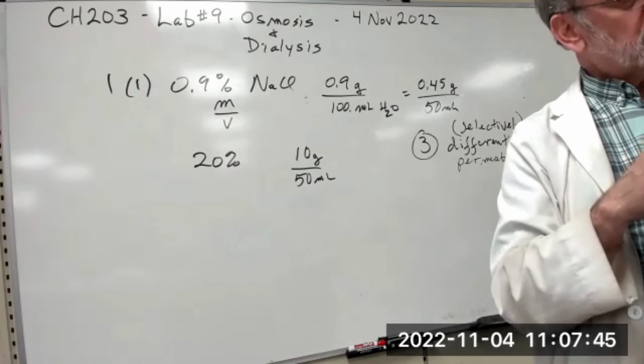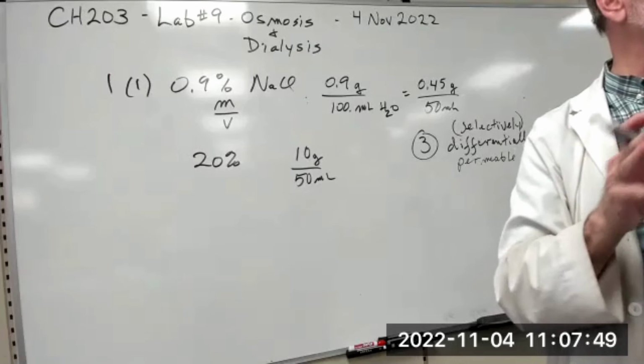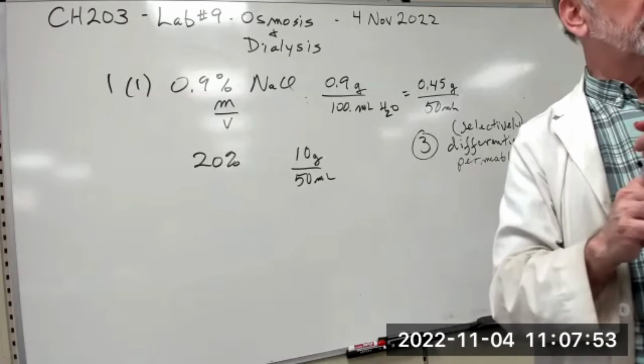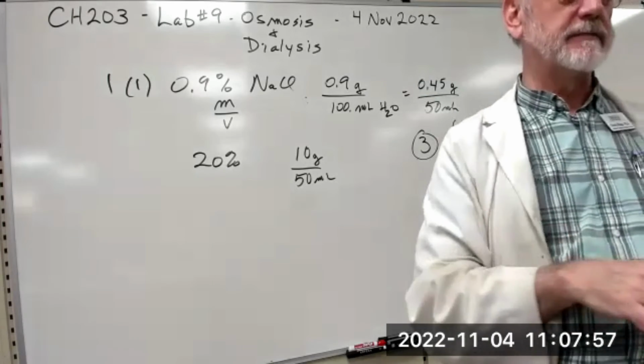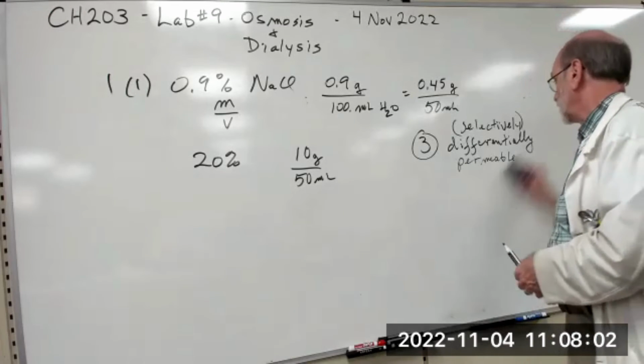And then as your blood passes through, there's a concentration gradient that's set up. And if your blood has too much glucose, some of it will move out. But if it has too little, some of it will move in. Right? It's a balancing act. Okay, that was 3.